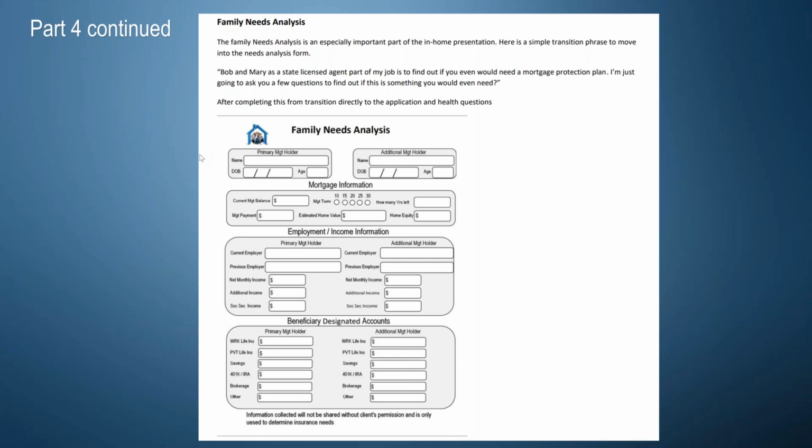More than likely, you're going to find out that they really need it, because most people are severely uninsured, and most of them don't have a lot of money in savings. And if they do have a 401k, it's probably not a good idea to take their 401k and pay off a house. That's the important part of having mortgage protection.